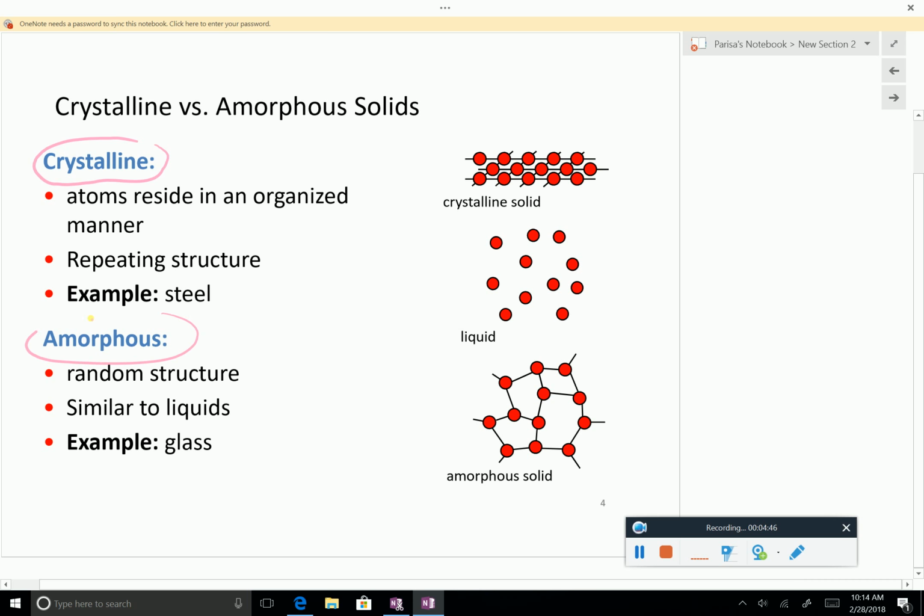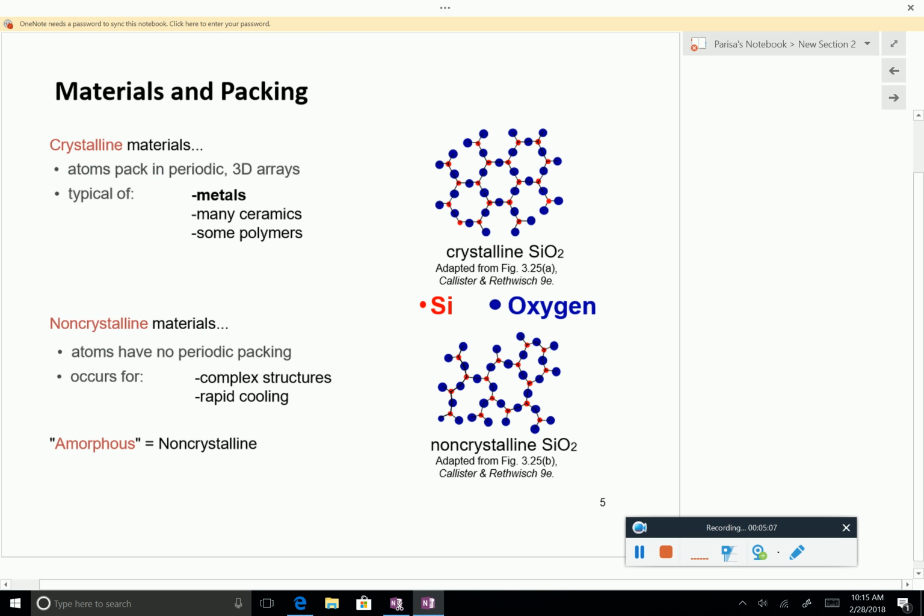The second case is amorphous. One of the materials which matter to us a lot as civil engineers, steel, has a crystalline structure. There are other materials, for example, asphalt, which has an amorphous structure, as do polymers and glass.